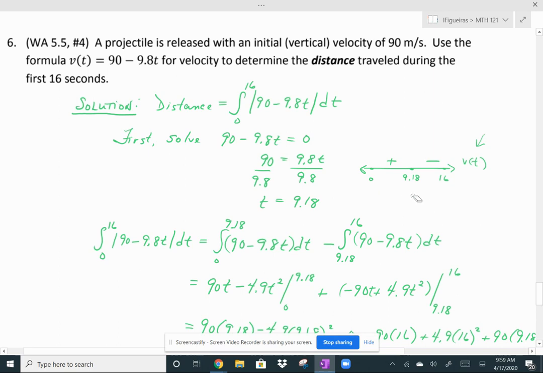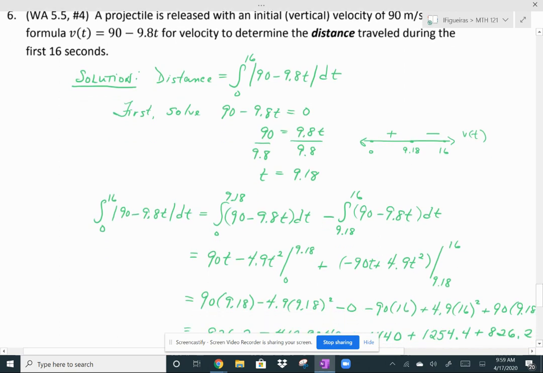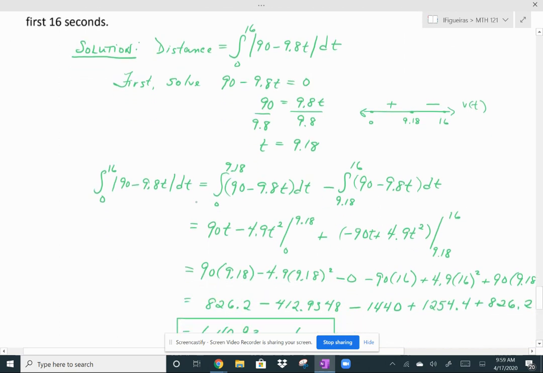So when you set up your integral, it's actually going to be set up in the opposite order than the other example we did, where your first integral from 0 to 9.18 is just the velocity function itself. But for the second one, you need to put a minus sign in front of it because of the sign we found here. So it's minus the integral from 9.18 to 16 of 90 minus 9.8 t.